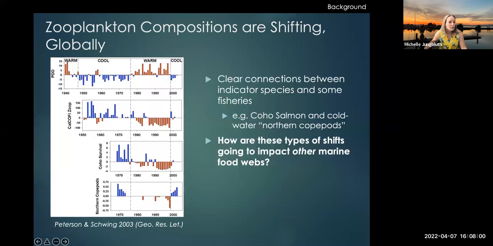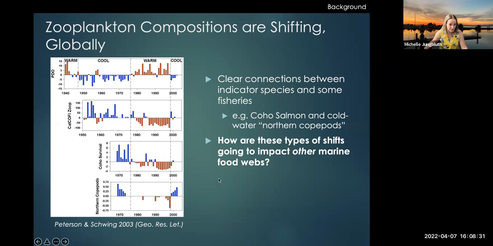And we know from prior work, as early as 2003, that there are clear connections between the climate oscillations in the ocean, like the Pacific Decadal Oscillation, which is between warm and cool periods, things like the impacts of the blob that happened a few years ago, and the assemblages of copepods in certain regions that overlap with things like coho salmon.